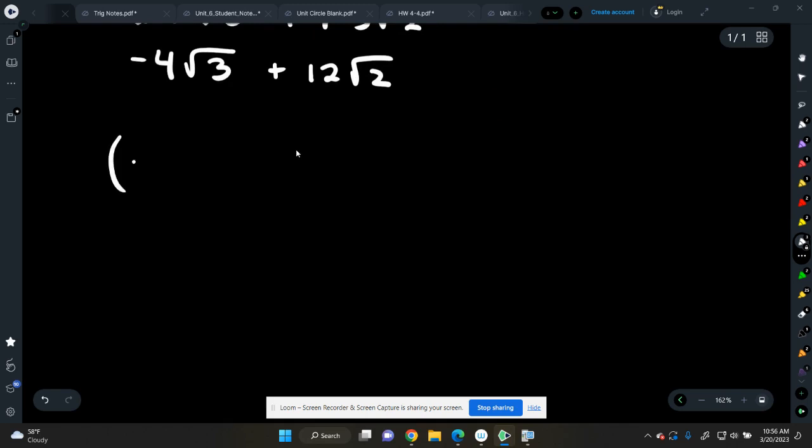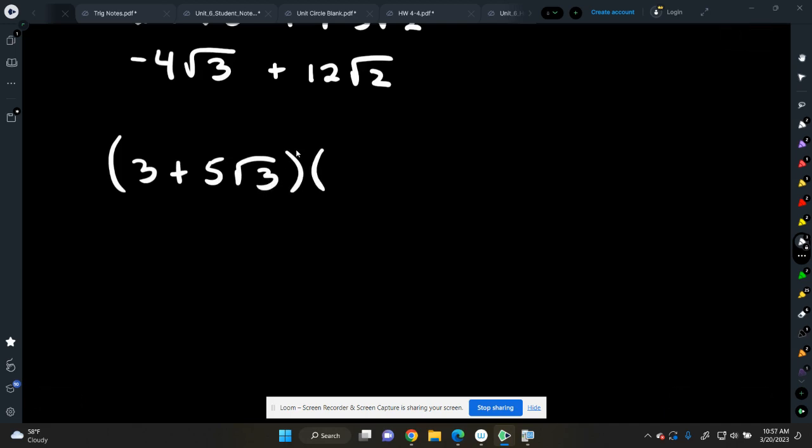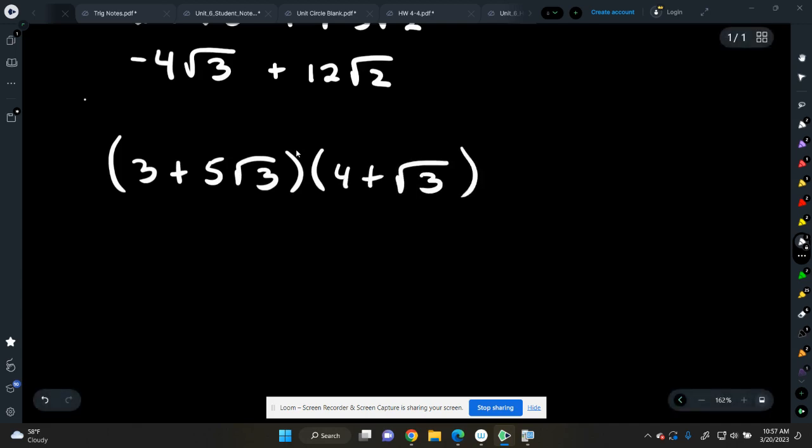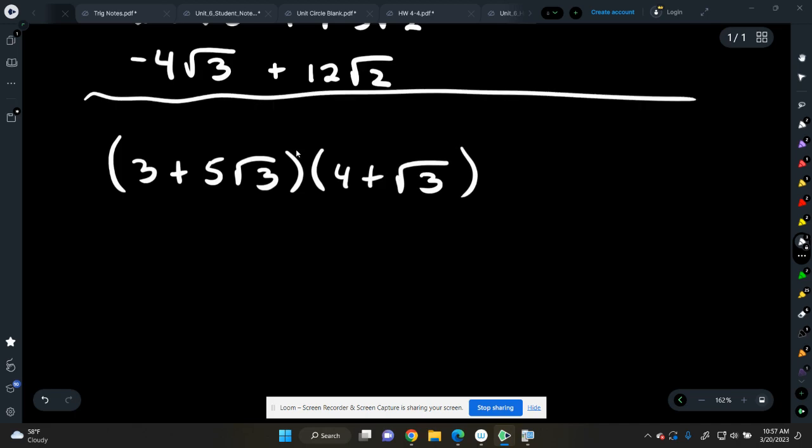Here's another one. 3 plus 5 root 3 times 4 plus the square root of 3. What makes this one different? You're adding some stuff to the outside, and multiplying by each other.